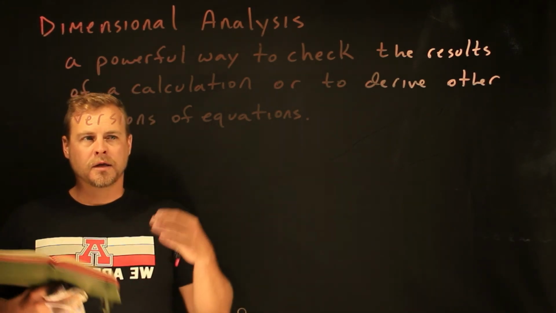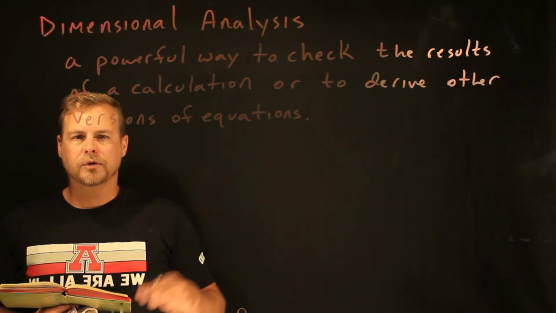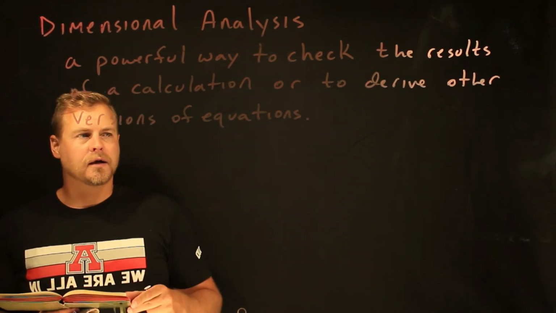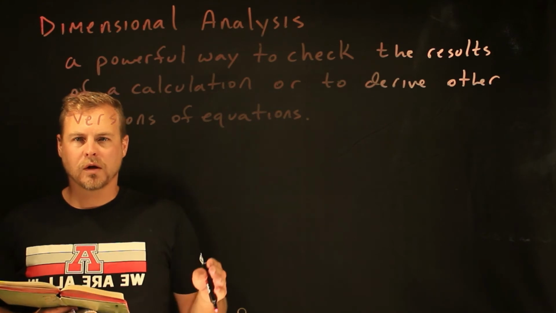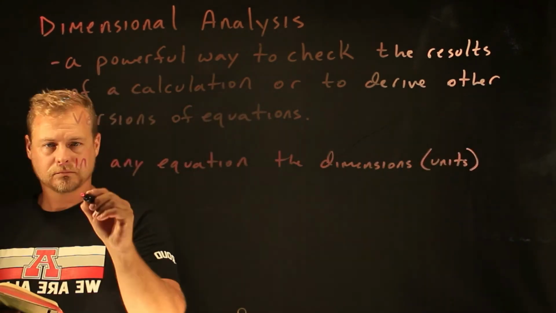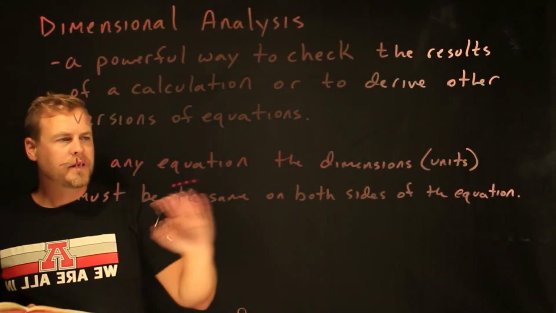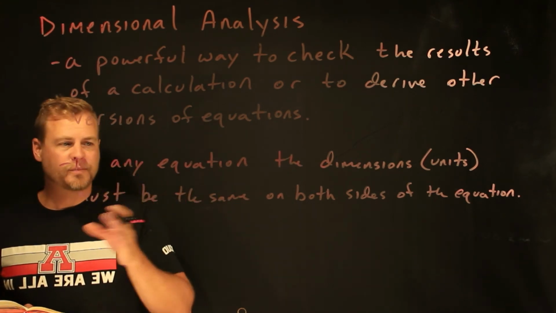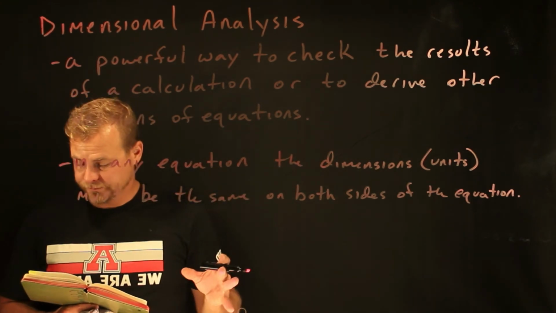And so I can substitute known quantities and make things work out because of the equalities. Okay, so in an equation, the dimensions or the units must be the same on both sides of the equation.